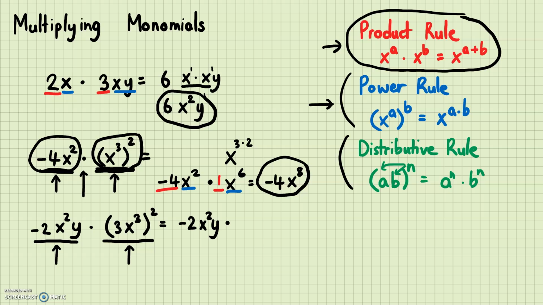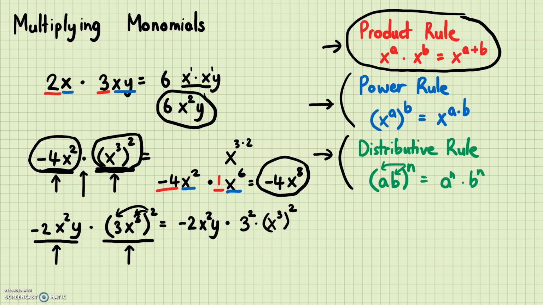If you simplify this, notice that we have two numbers that are being multiplied inside the parentheses. So we'll need to use the distributive rule to distribute the 2 to both 3 and the x cubed. So that part is going to be 3 squared times x cubed squared.